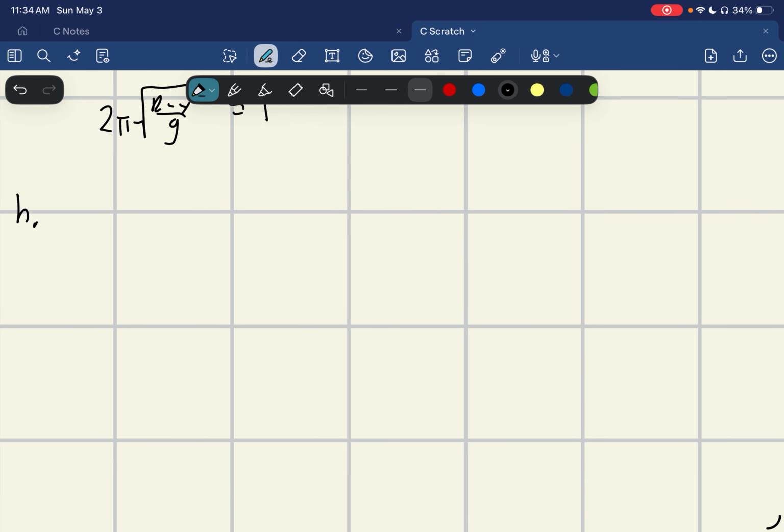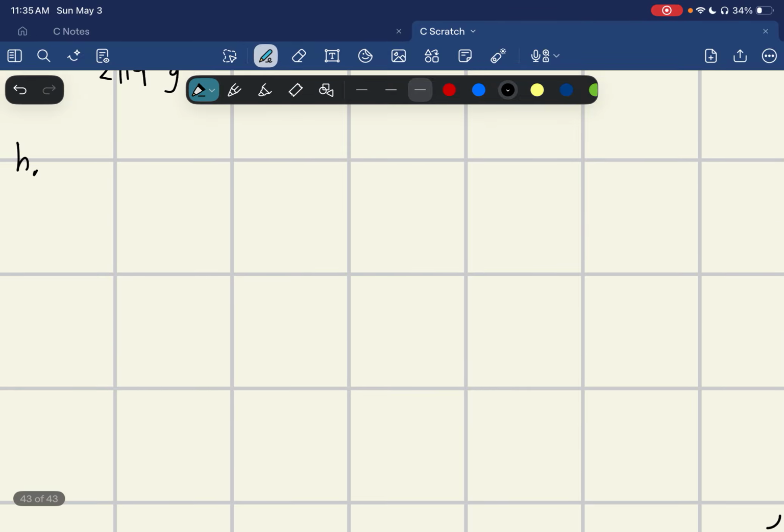Part H, the scenario changes. Now the ball is rotating with angular speed omega about its axis of symmetry. Okay. And then we find the angular speed needed to keep the ball stationary relative to the surface of the bowl. So we know that net force in the y direction is equal to 0. We also know that net force in the y direction is equal to F_ny minus mg.